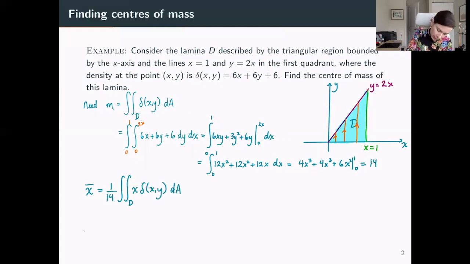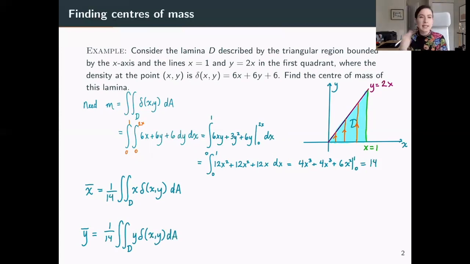And our y bar is going to be very similar, but instead of evaluating x delta of x comma y, we are going to be evaluating y delta of x comma y dA. And the process is going to be very similar. From here, what we have to do is evaluate these integrals individually. Pause the video and give this one a try.